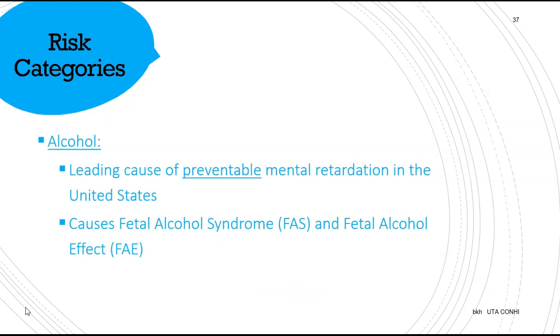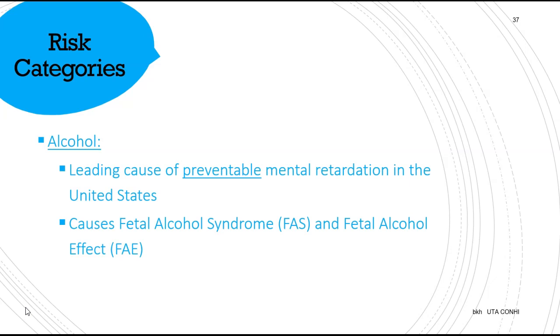We know that alcohol increases risk in pregnancy. Alcohol is the leading cause of preventable mental retardation in the United States. I want you to hear that one more time. Alcohol is the leading cause of preventable mental retardation in the United States.